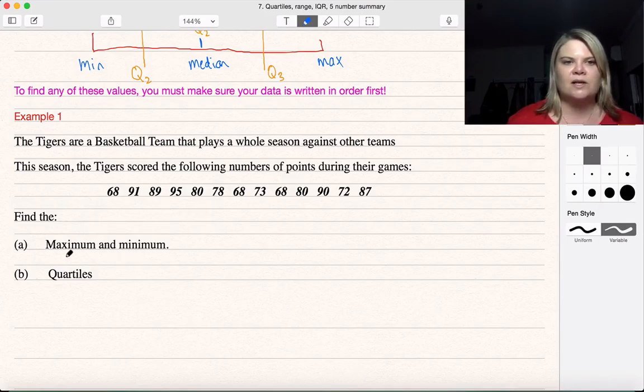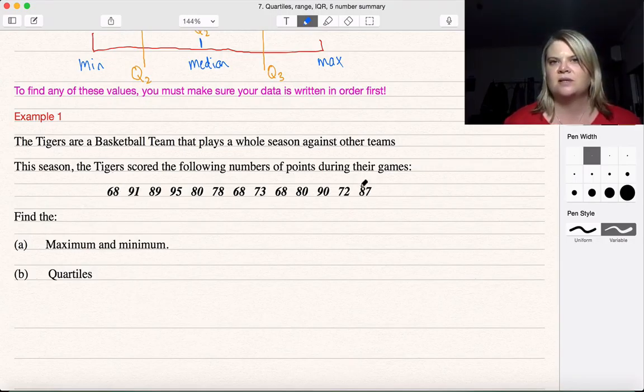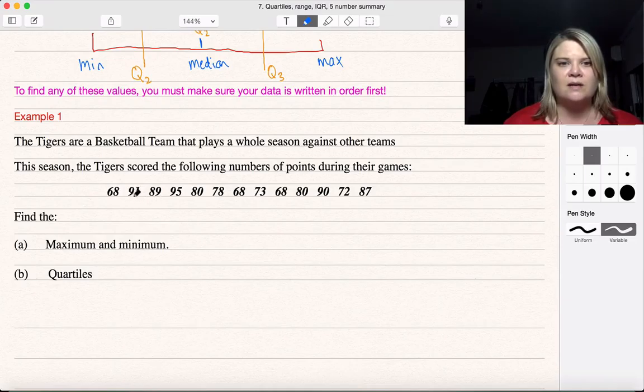So firstly, you could find the maximum and the minimum without putting them in order. Don't be tempted to think the first one is the minimum and the last one is the maximum, because there may be higher ones. If you were just asked to find the maximum and minimum, you could look through and say 91's pretty high, 95's higher, so 95 is the maximum.